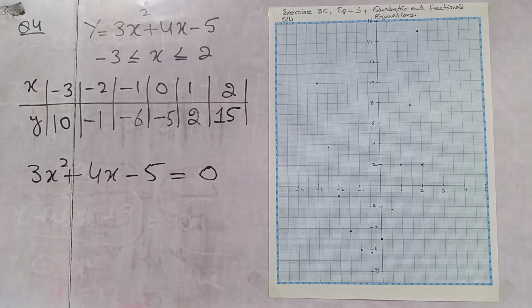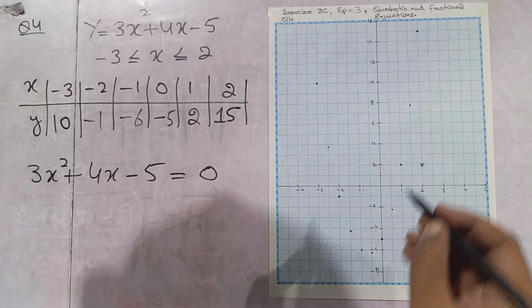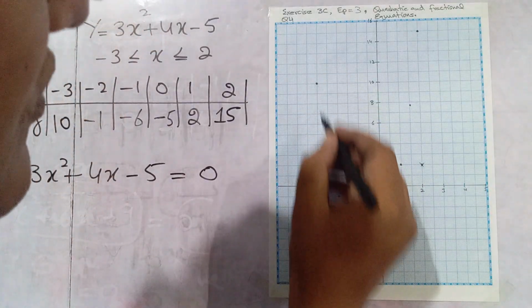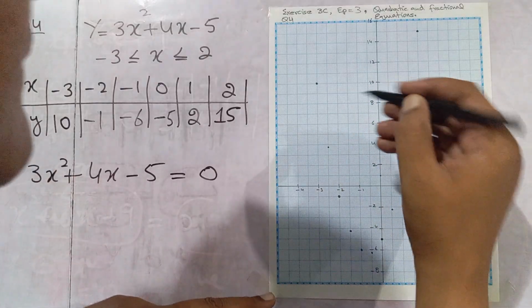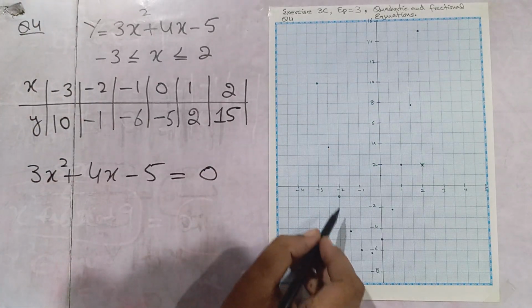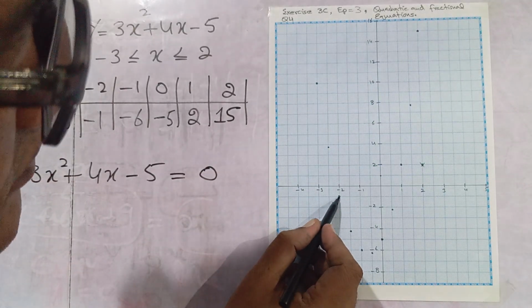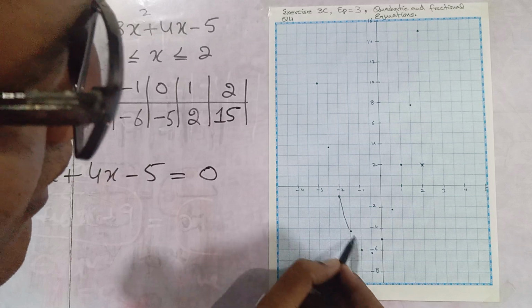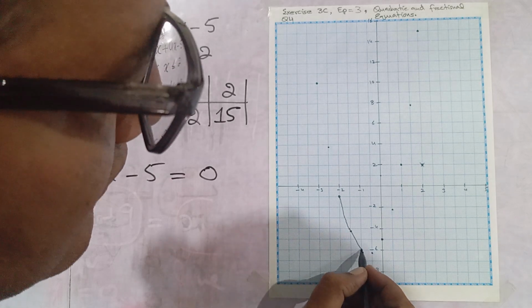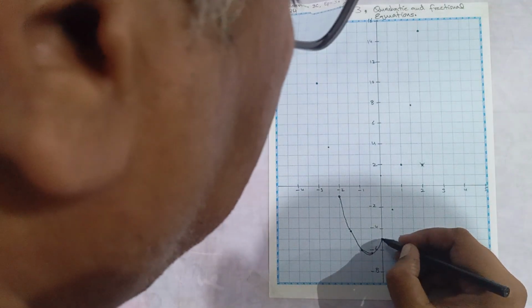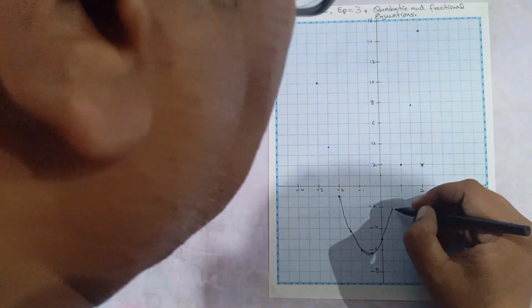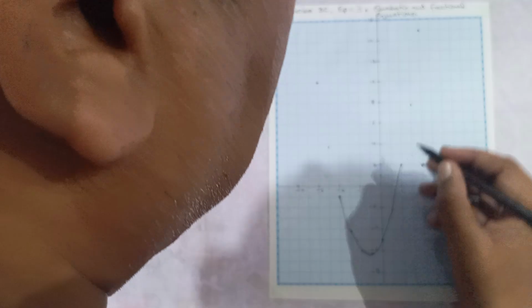So let's do this. So this is going like this. Because my hand is not in a good position, you see. You are supposed to draw this with a pencil.